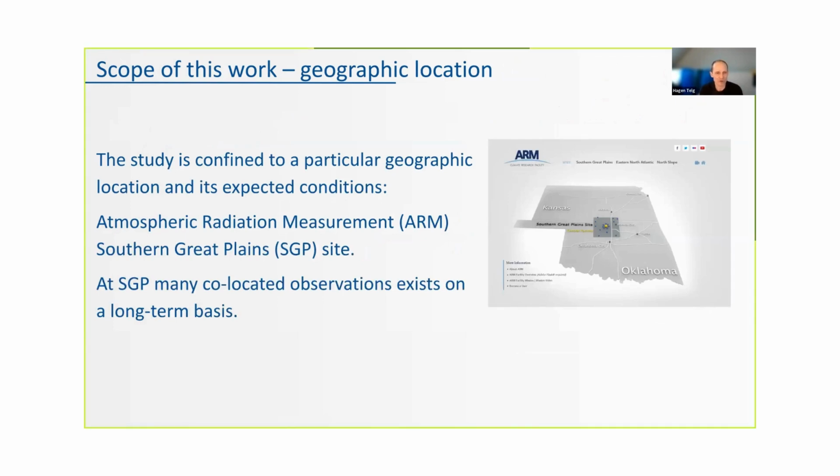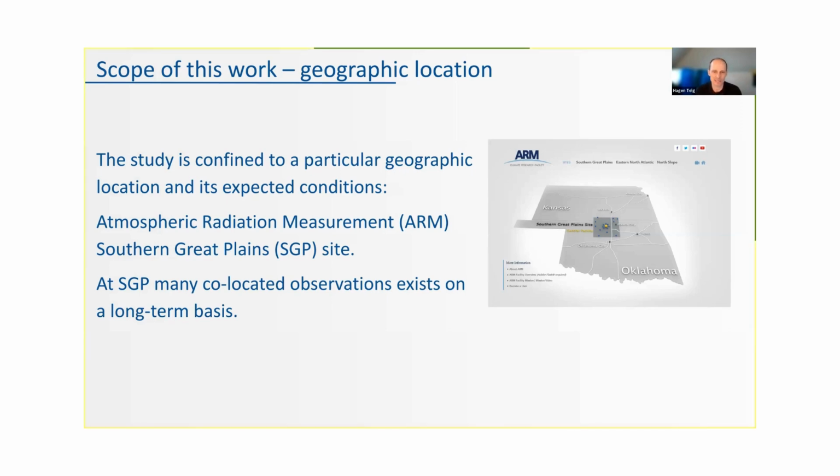Another confinement is the location. Aerosols are known to be very variable, not just in time, but also with respect to the geographic location. So it would be very hard to do a study like this that is valid everywhere.